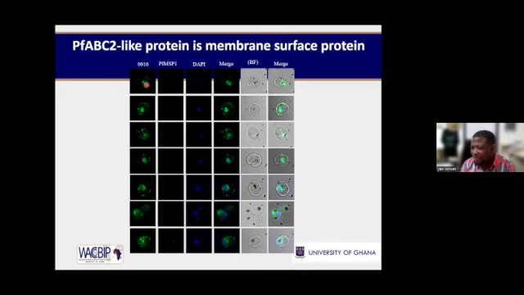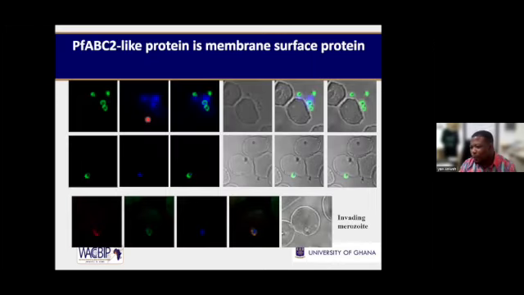You could see that the protein is more perinuclear, but it also shows from here that it is exported to the host red blood cell membrane surface. So from here, clearly, we have an indication that the protein, much as it is associated with the parasite body, is also exported to the host.